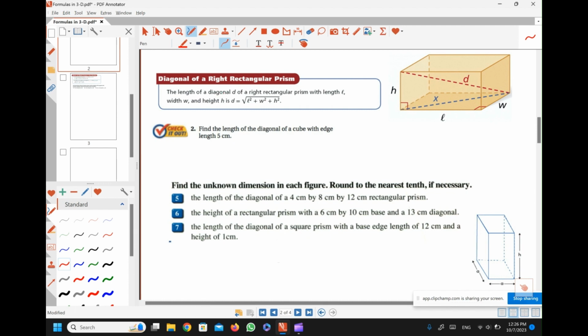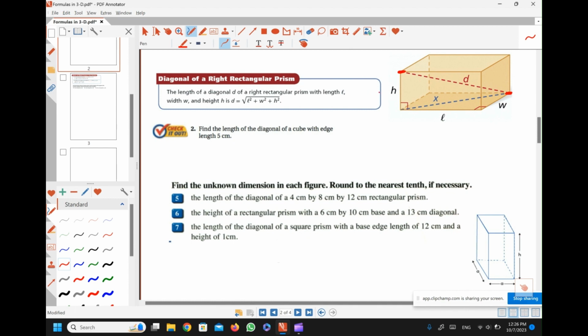It turns out that if we look at the rectangular prism, we actually consider the diagonal inside that rectangular prism. When you look at the given figure, the diagonal can be drawn from one vertex to the diagonally opposite vertex. So we're going to find the length of this diagonal.